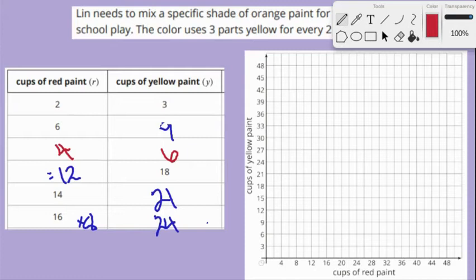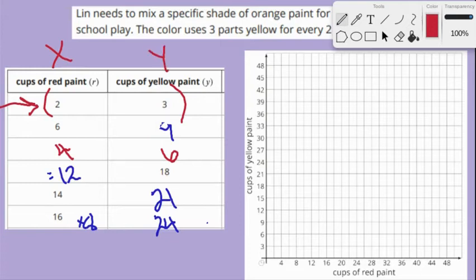Now, in order to do that, as you all know, I have to create ordered pairs. Great thing about ratio tables is the ordered pairs are already set up for you. Each row, each individual row is its own ordered pair. Okay, so for instance, this one, I have the ordered pair 2, 3. You'll notice on my graph that cups of red paint is along my x-axis and cups of yellow paint is along my y-axis.